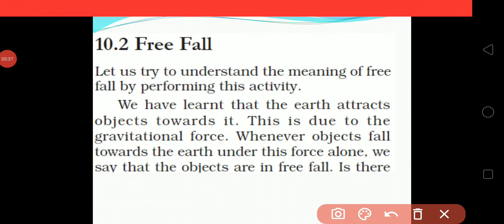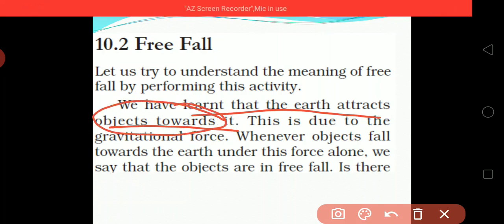We have learned that the Earth attracts objects towards it. We know it very well that the Earth attracts all objects towards it. This is due to the gravitational force.